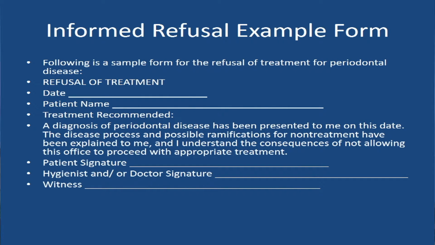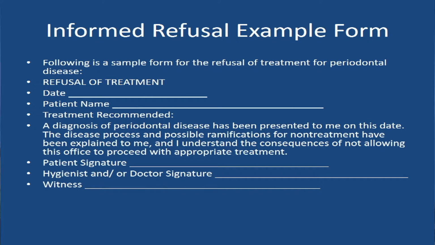Following is a sample form for the refusal of treatment for periodontal disease. Refusal of treatment: the date must be there, and the patient's name must be there. Something that needs to be on this is the date of birth and the age of the patient. Treatment recommended: a diagnosis of periodontal disease has been presented to me on this date.